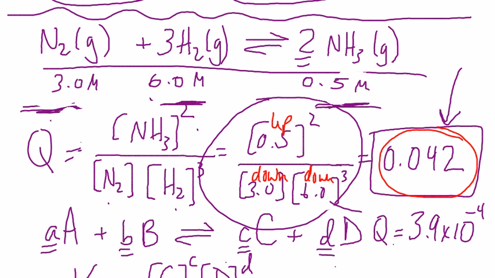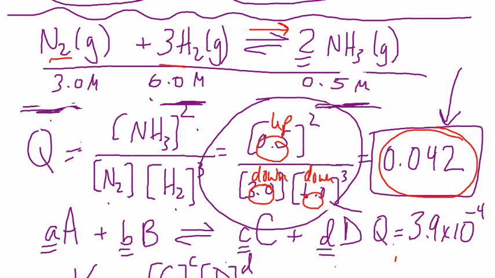More of the reactants will get consumed to make more product to get that ratio equal to K. If, on the other hand, when we plug these numbers in, the ratio is greater than 0.042, then in order to achieve equilibrium, this reaction would have to consume the product, NH3, and produce more N2 and H2 to achieve that ratio.